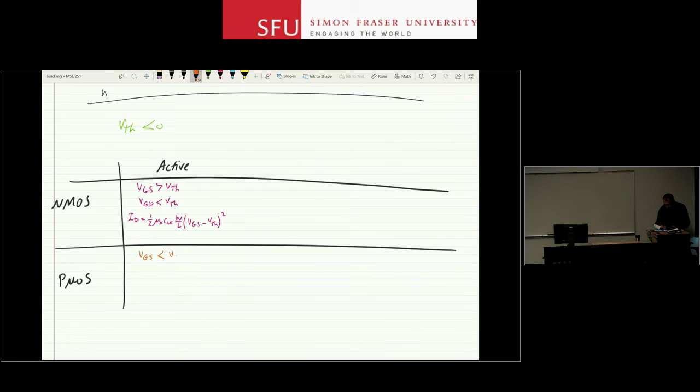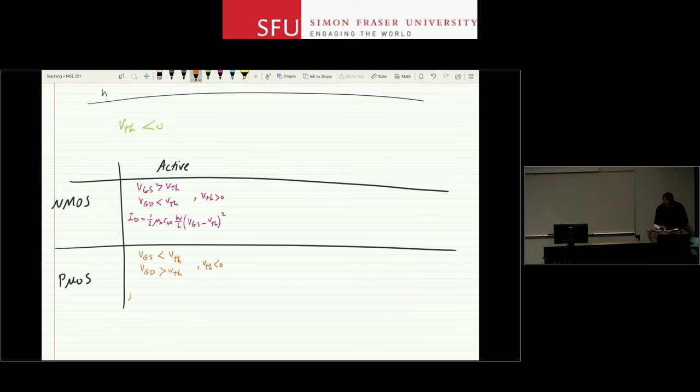So a VGS that is larger in magnitude, but smaller, if you take into account the sign. VGS less than that, and obviously the threshold at the drain end should be the opposite. Noting here that VTH is positive here and VTH is negative here.